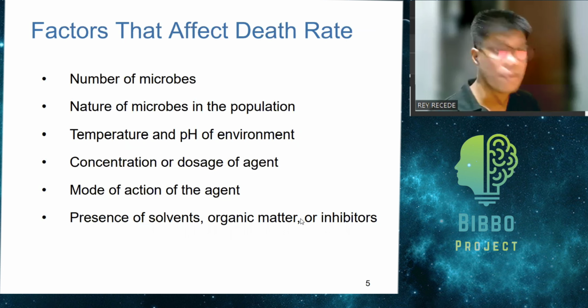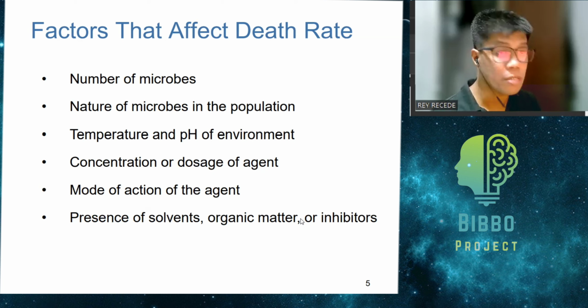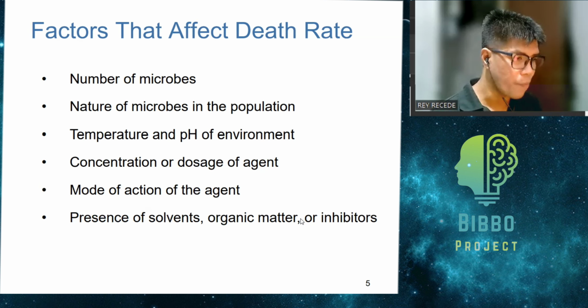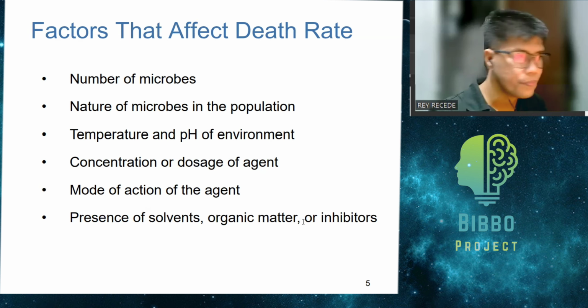Nature of microbes and the population: they could be competing with each other depending on the type of microorganisms present in a certain area. Temperature and the acidity of the environment, concentration or dosage of the agent, mode of action of the agent, and the presence of solvents, organic matter, or inhibitors like temperature.